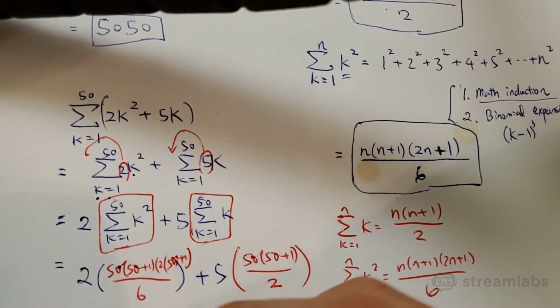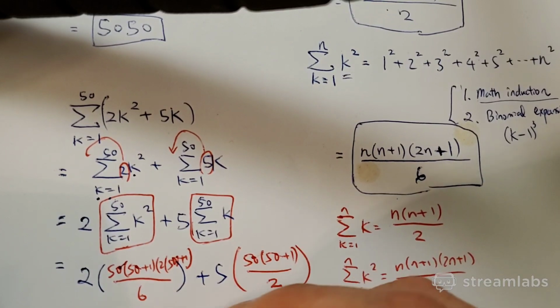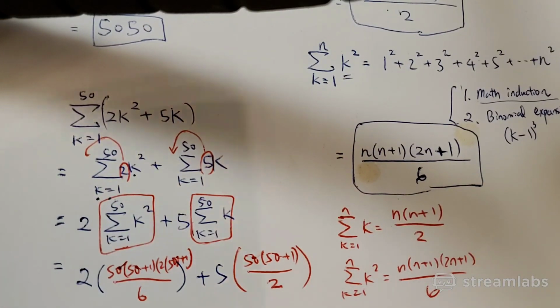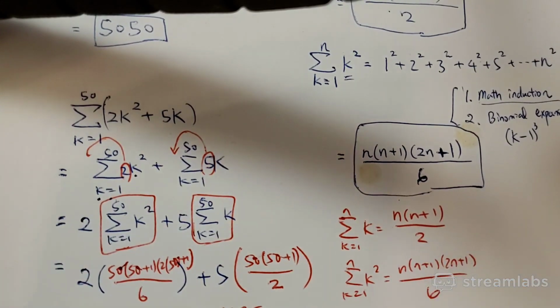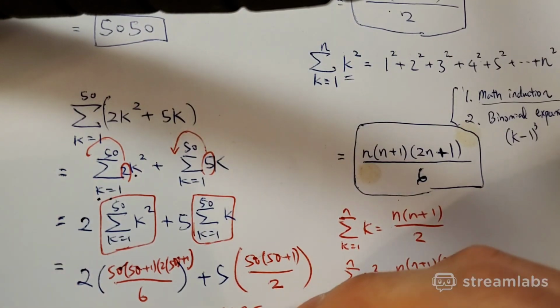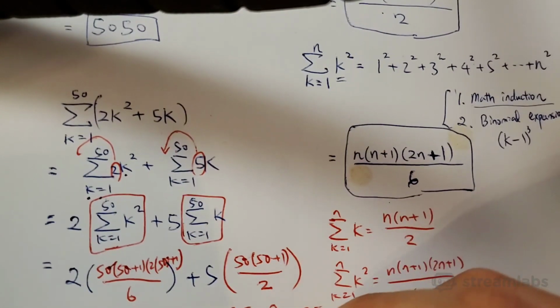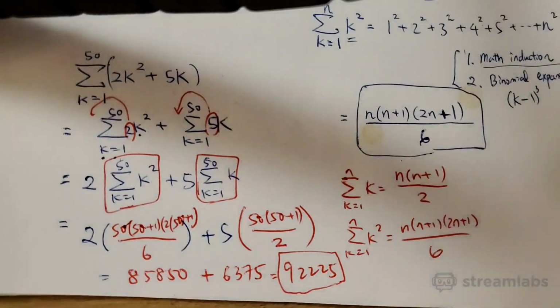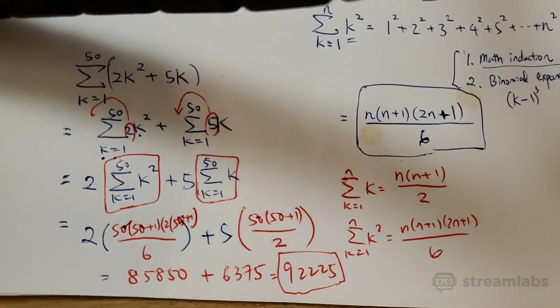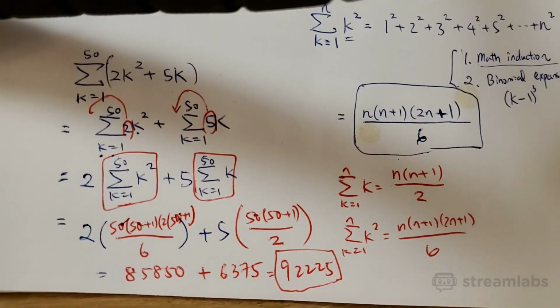So this first part is 85850, plus the second part is going to be 5 times 25 times 51, which is 6375, which is 92225. Okay. So that is, yeah, I'm pulling it out. You got it, okay?